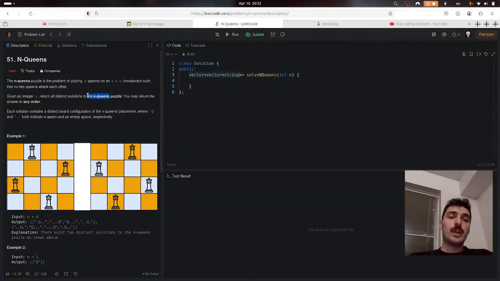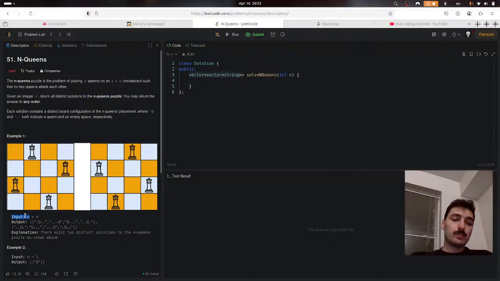So if we are given a normal 8 by 8 chessboard, we have to place 8 queens so that they do not attack each other. Each solution contains a distinct board configuration of the n queens placement, where Q and dot both indicate a queen and an empty space respectively.